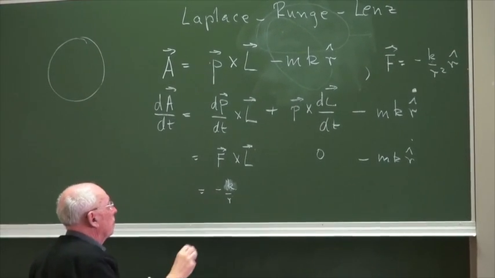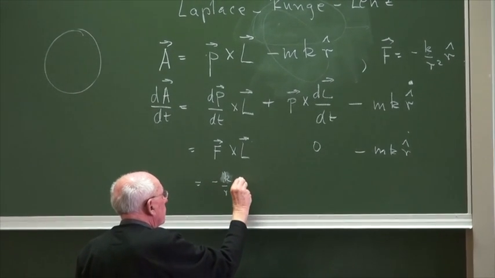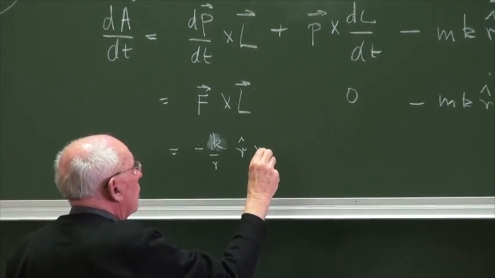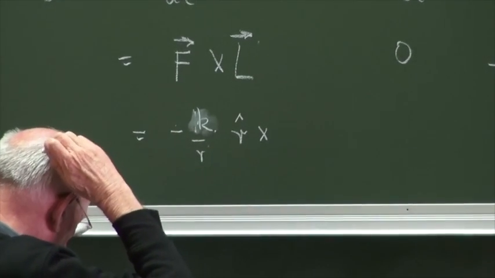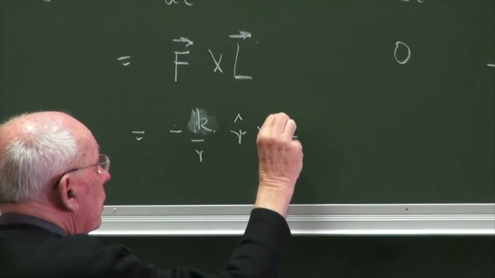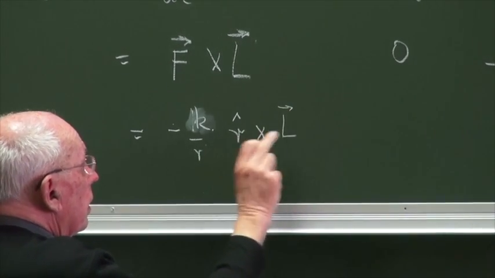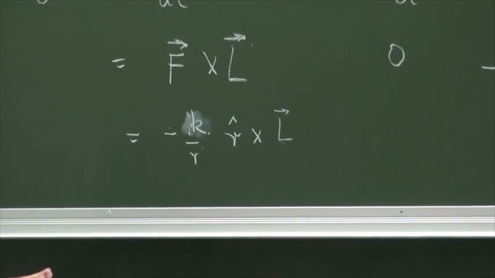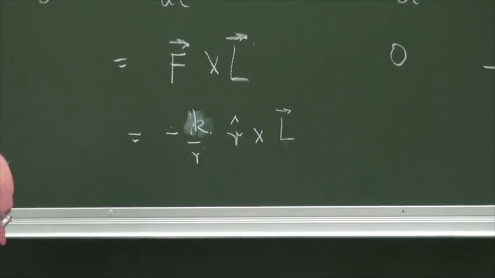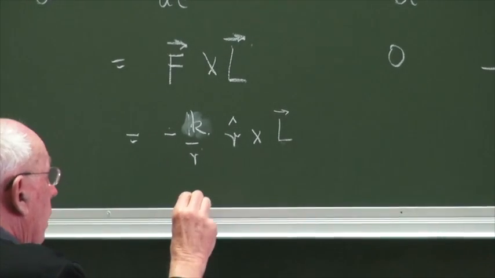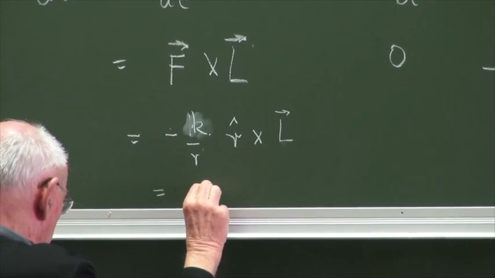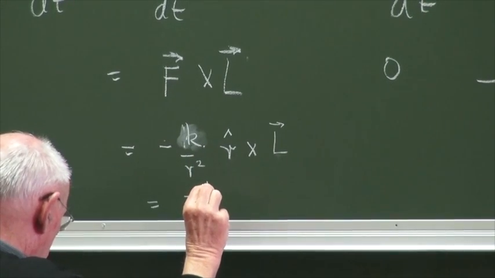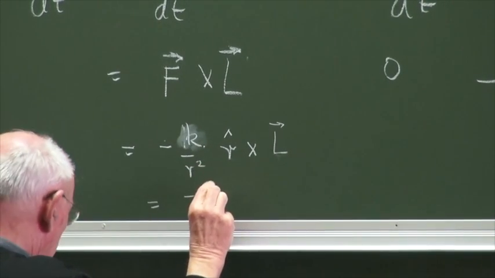So let me use this. These two quantities are perpendicular, and they are in the plane. If you calculate that, it must be r squared. Sorry, it's a force, k over r squared.